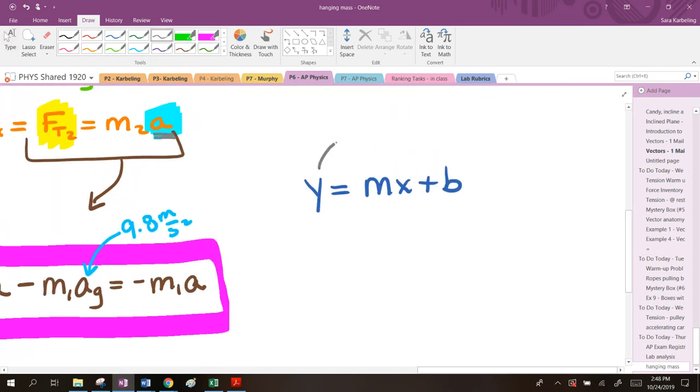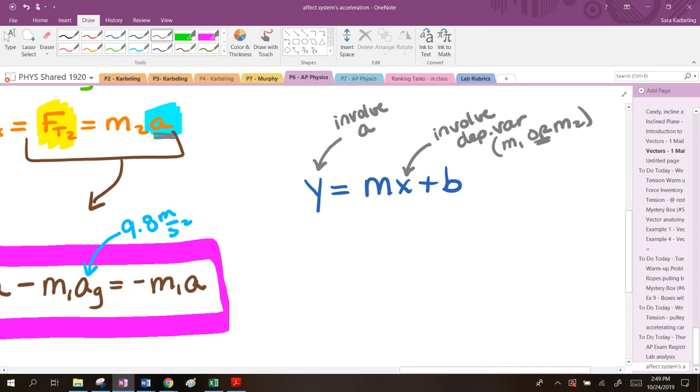Let me tell you the rules or pieces that you need to know. The y needs to involve your dependent variable. What was the dependent variable again? Acceleration. The x needs to involve your independent variable, which was either M1 or M2, depending on which one you did.